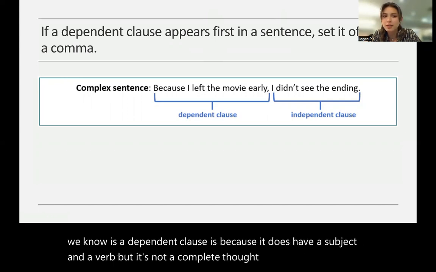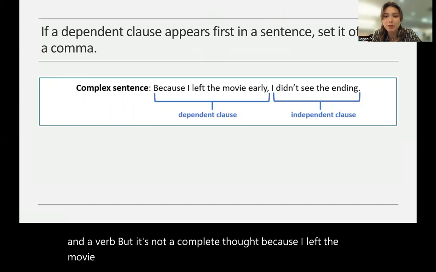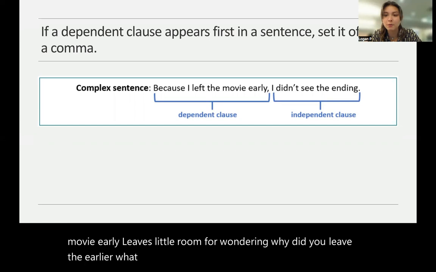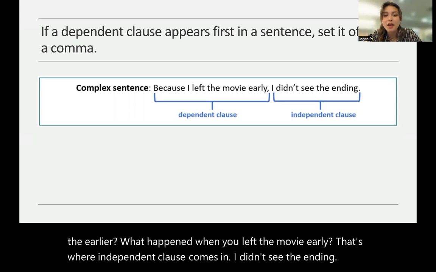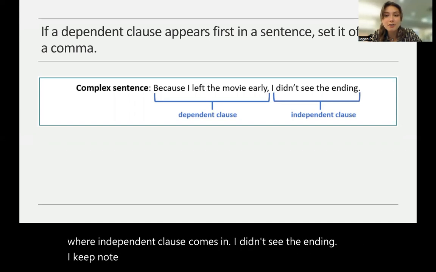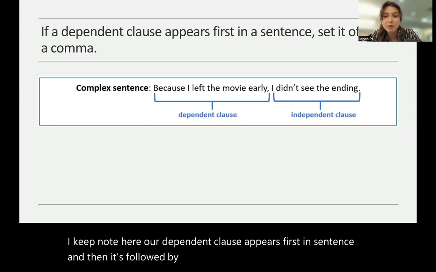Because I left the movie early leaves a little room for wondering, why did you leave early? What happened when you left the movie early? That's where our independent clause comes in. I didn't see the ending. And keep note here, our dependent clause appears first in the sentence, and then it's followed by a comma. Because I left the movie early, comma, I didn't see the ending.